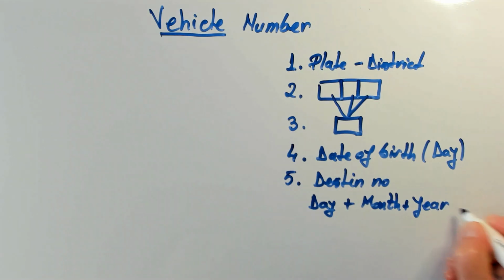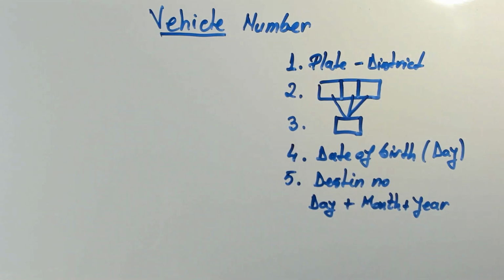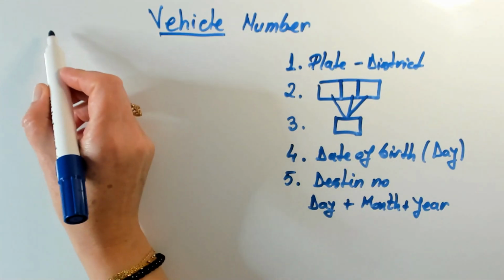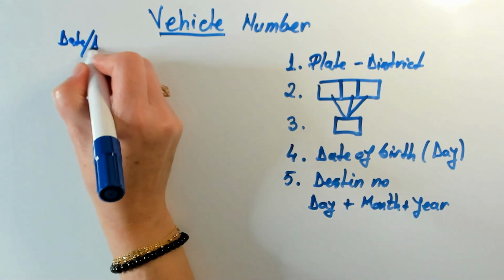Again, you reduce this to one single number. Now, we are going to see the numbers that we have by your date or destined number. So here we are going to write date or destined.